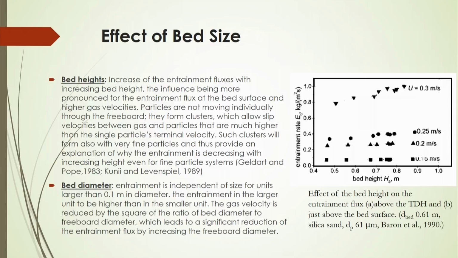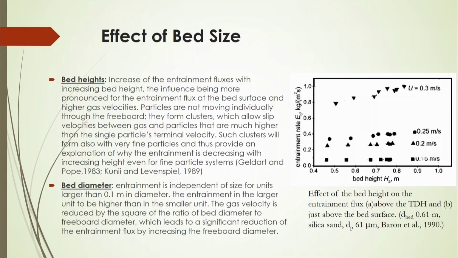Then there will be an increase in interaction of the solid particles with the clusters and the gas, which will change the entrainment inside the bed. There may be some decrease in entrainment with increasing height because of the formation of clusters and that interaction.